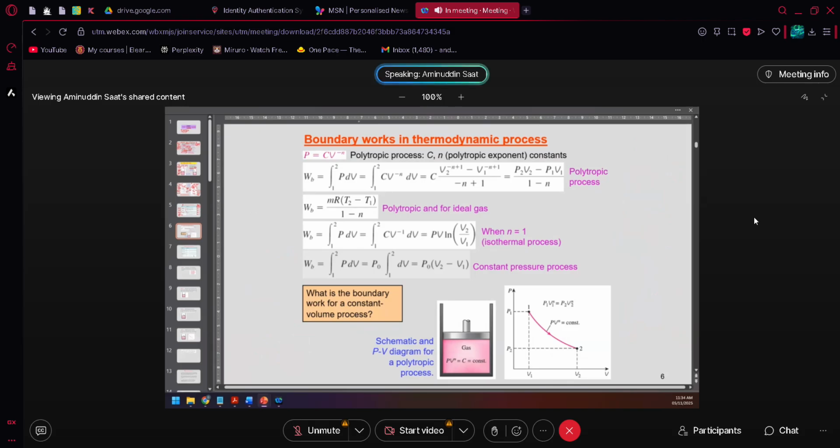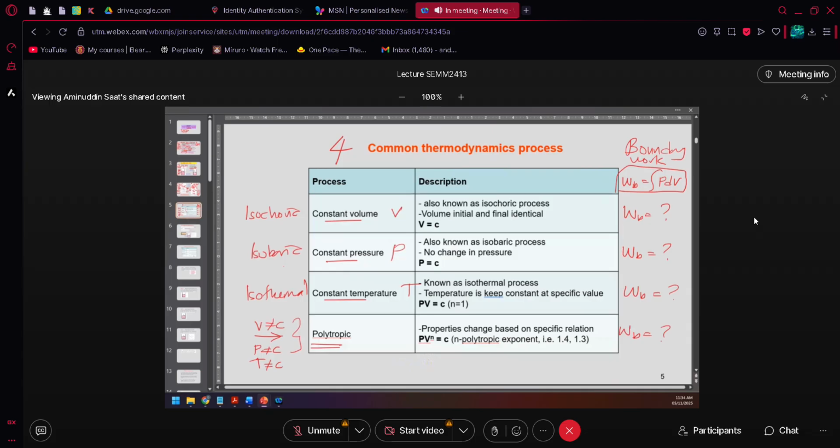This is an example of the final calculation. Before we go here, we can discuss from this table. If you have the relation of boundary work PdV for the first, constant volume, if the volume is constant, what happens to the boundary work?